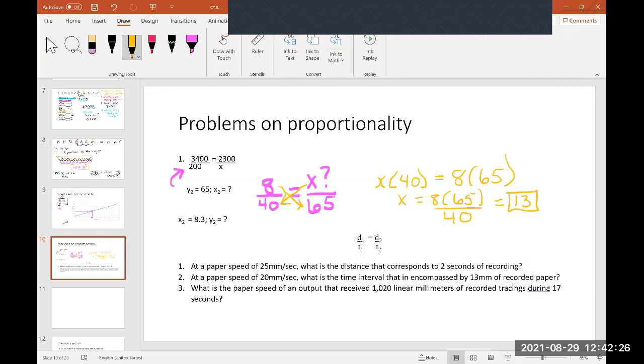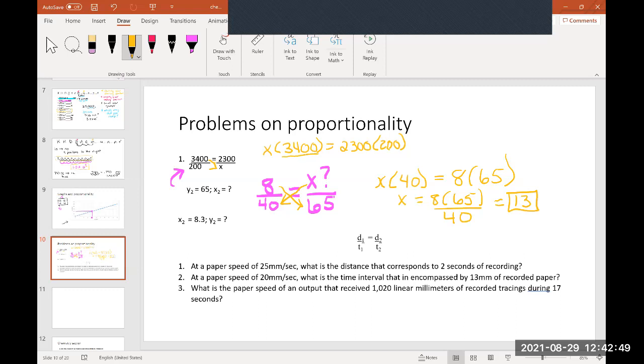We can do the same type of cross multiplication for these other proportionality problems. Again, cross multiply. X times 3,400 would equal 2,300 times 200. Solve for x.